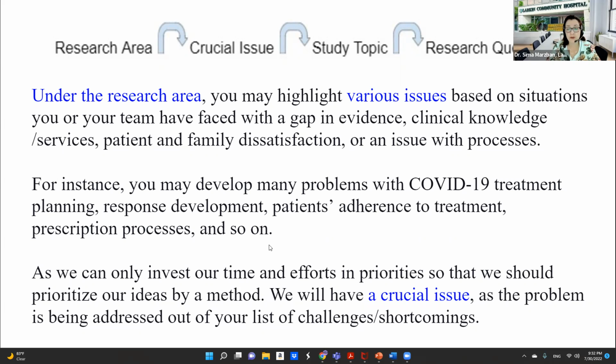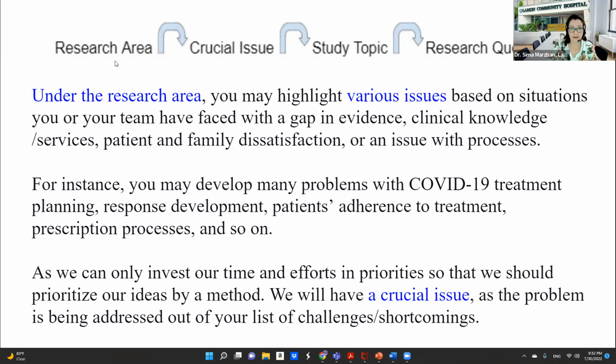We will have a crucial issue as the problem that will be addressed out of your list of challenges and shortcomings. So it is important to understand that for the first exercise for research, find a research area. If you don't have anything in mind, you should do a literature search.